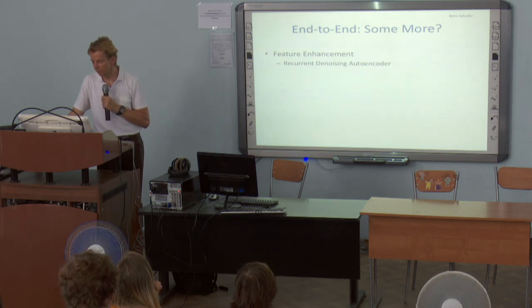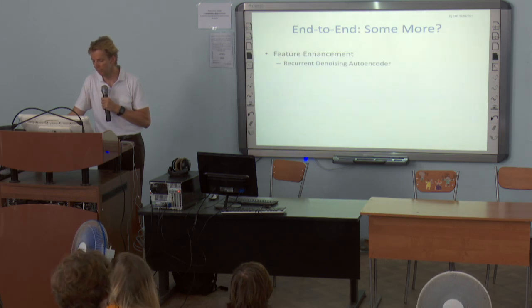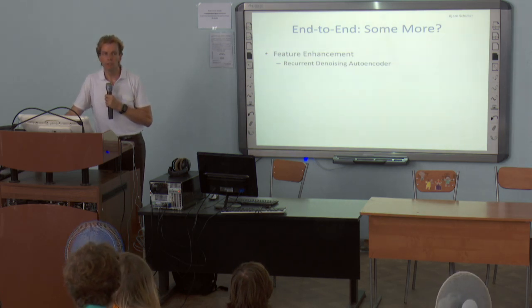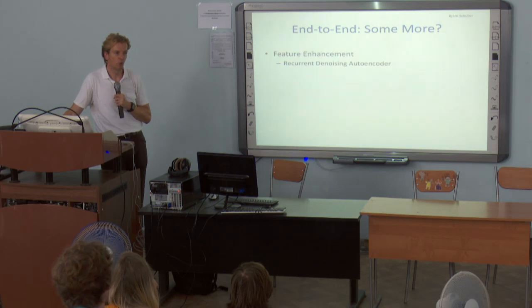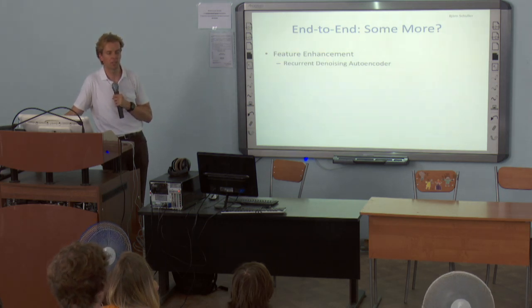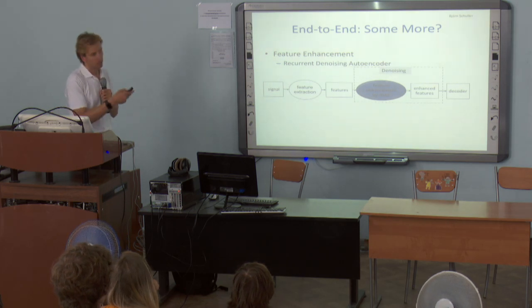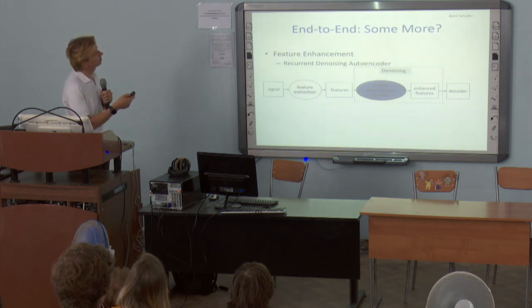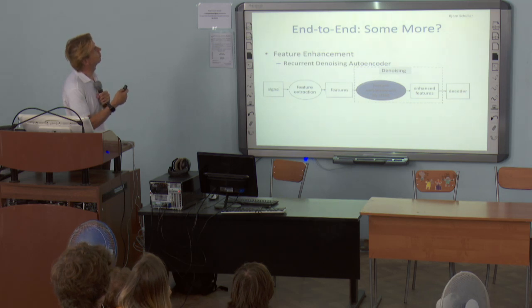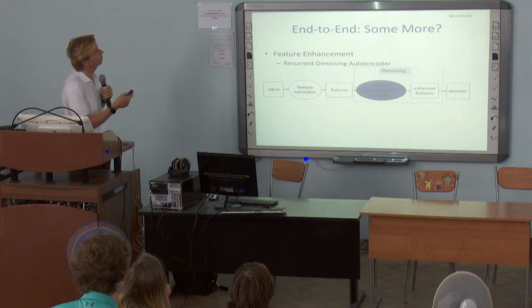In between, I just wanted to show some more layers you could introduce into a deep neural network to give functionality. We've been talking about signal enhancement with an autoencoder. You can do the same on feature level. So why not enhance the features with an autoencoder? You have signal, feature extraction, features. These could be coming from a noisy signal, hence the features would also be noisy.